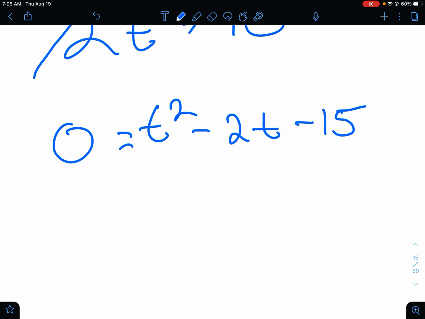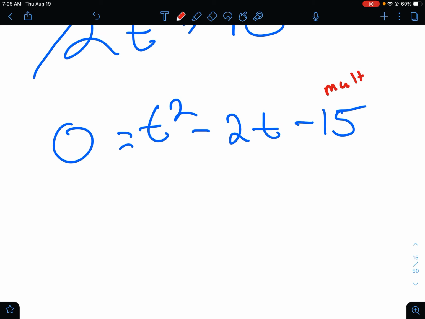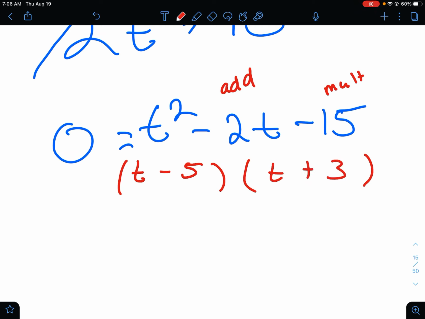Now we need to try and factor this. We need to figure out what multiplies to give me a negative 15 and adds to give me a negative 2. For this one, we are going to want a minus 5 and a positive 3. If you're struggling with that, you could just write out all the factors of 15, right? 1 and 15, and 3 and 5.